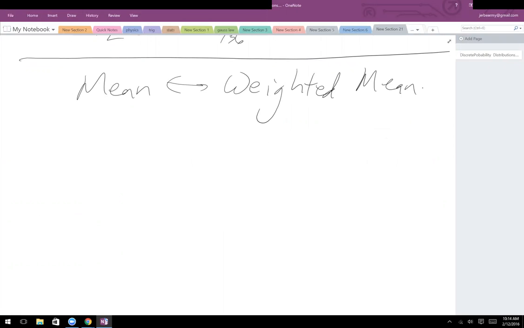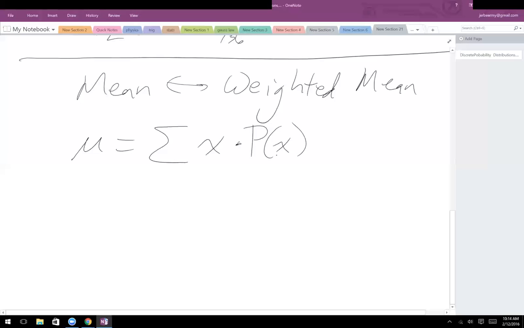We're going to do that here. So the mean is you add up all the possible values for x, and the weights are the probability of that value. And then you would divide by the sum of the probabilities. But what do the probabilities all add up to? 1, right? So if you divide by 1, nothing happens. So that's it.